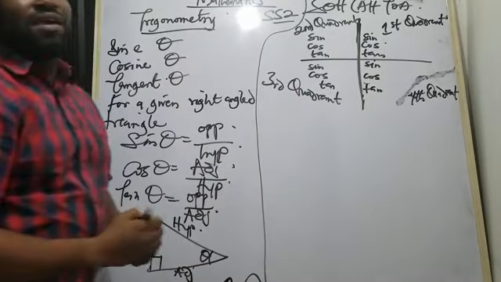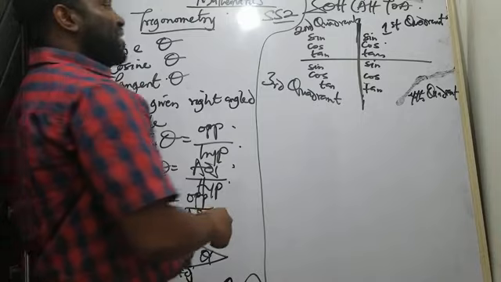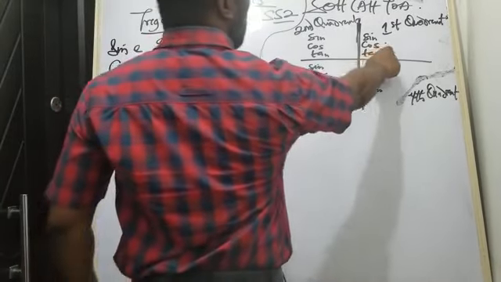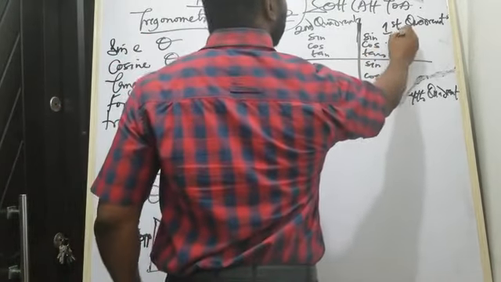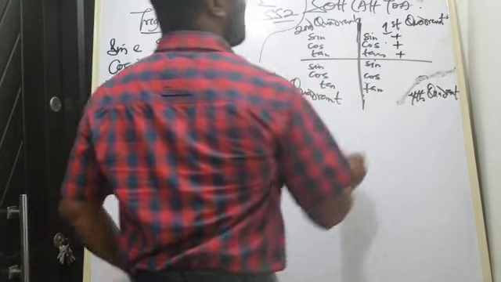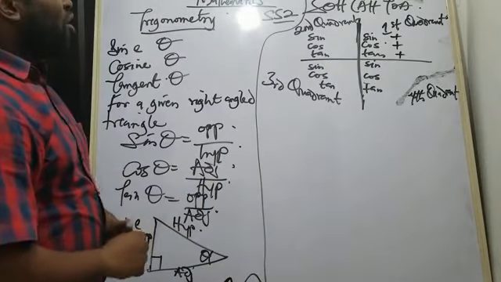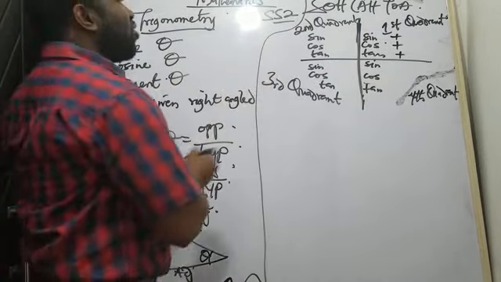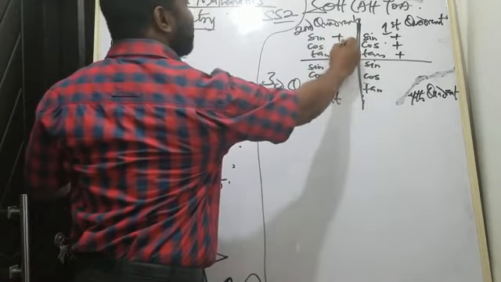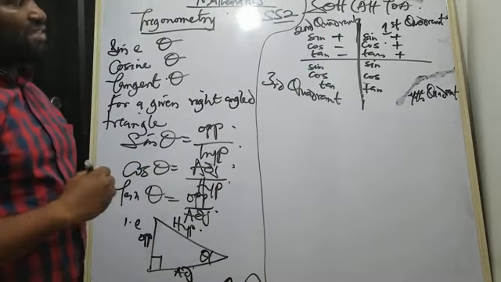Now, here, on your first quadrant, all are positive. Okay? On this second quadrant, only sine is positive while others are negative.